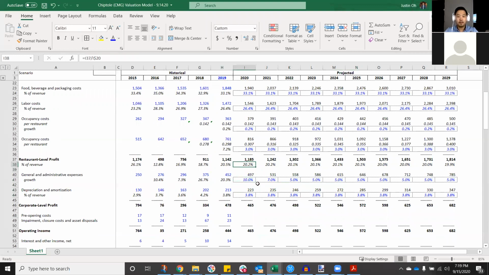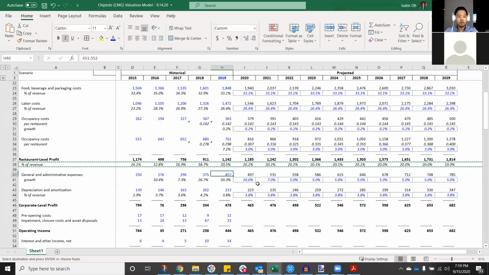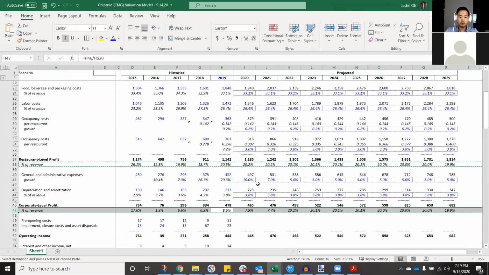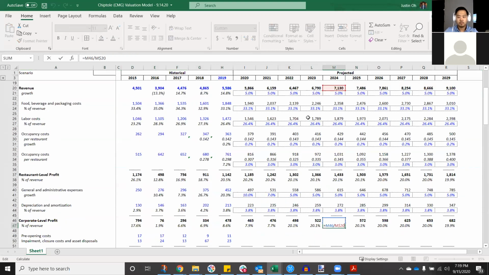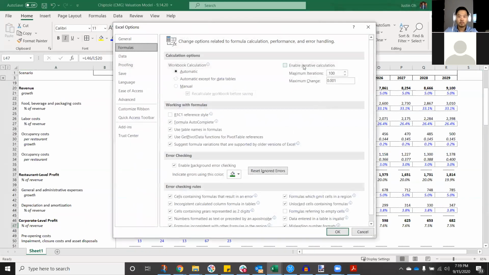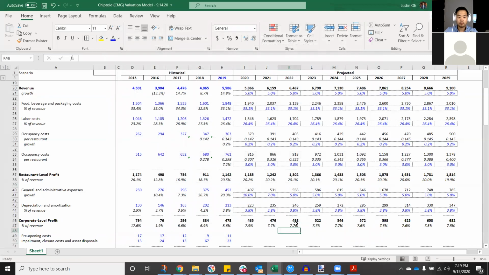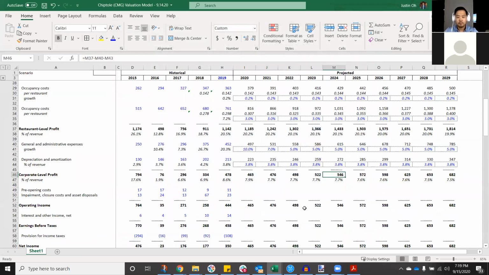So corporate level profit, let's copy this down. Okay, and then pre-opening costs.